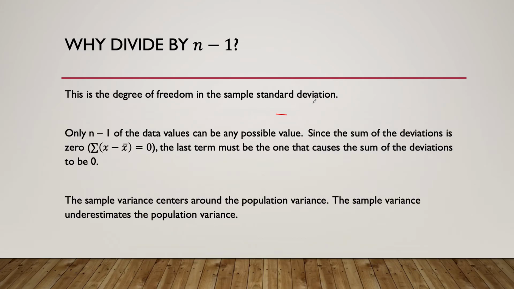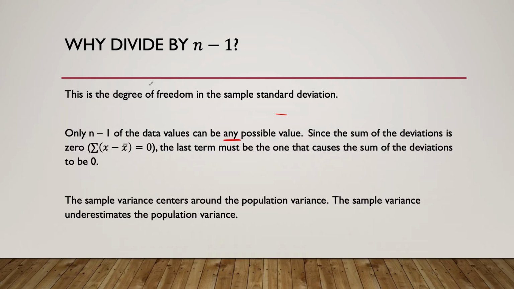Now, why on earth do we divide by n-1 in the standard deviation formula? The n-1 are the degrees of freedom in the sample standard deviation. That's where only n-1 of the data values can be any possible value, since the sum of the deviations is 0, as we saw.